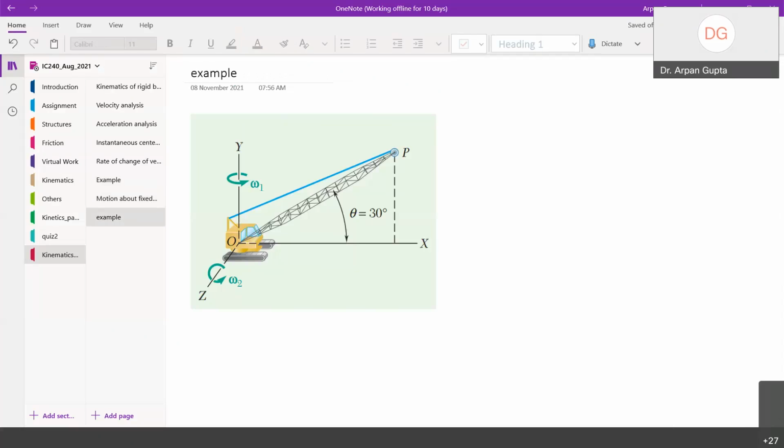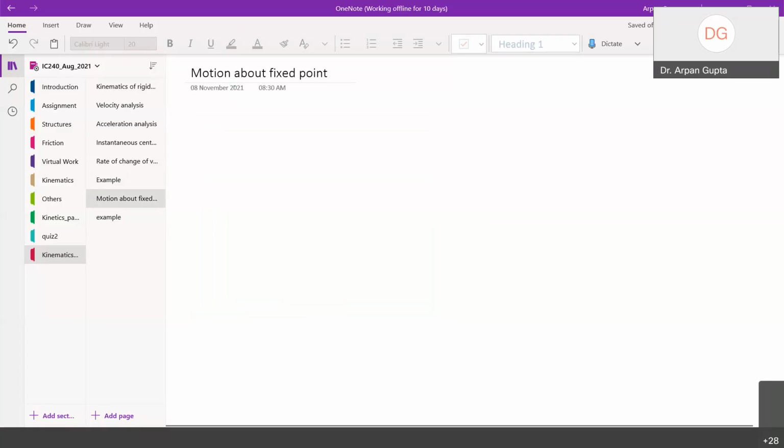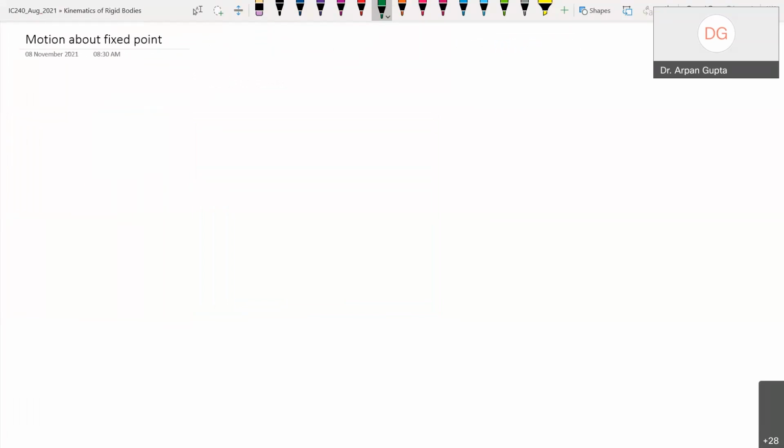So now here you can see that this whole cab is going to rotate with an angular velocity of omega 1 about the OY axis, and at the same time this boom is going to rotate with an angular velocity of omega 2 about the z axis. So likewise a rigid body can have multiple angular velocities in different directions, and the whole motion is taking place about a fixed point.